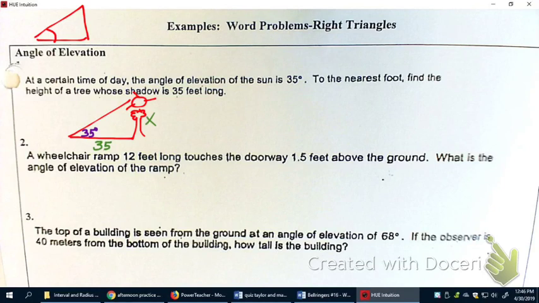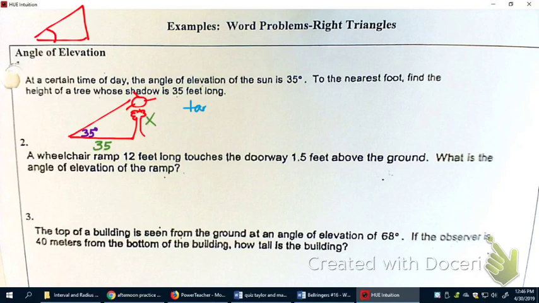Alright, and so this is where we label the triangle, we try to figure out, okay, is this sine, cosine, or tangent, and then we solve it. So x, what's x? Opposite. What's the 35 that's on the bottom, the green 35? Adjacent, so we have tangent here.